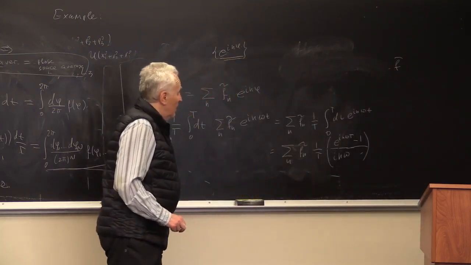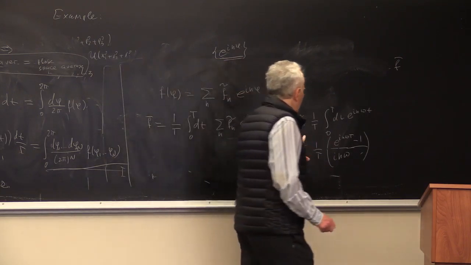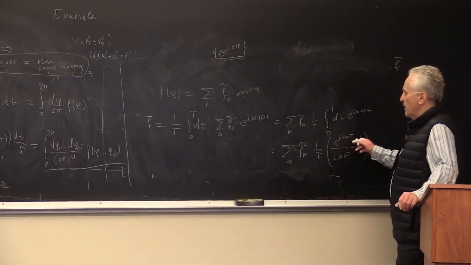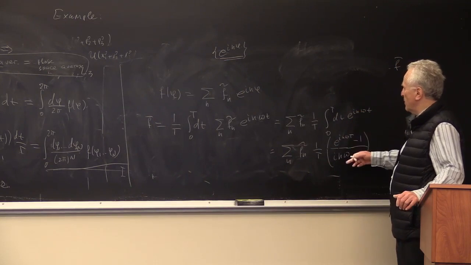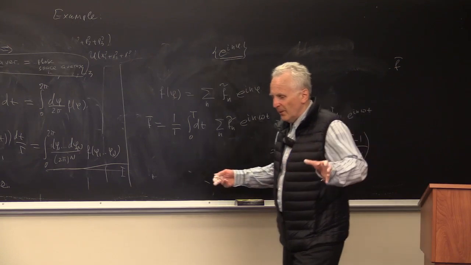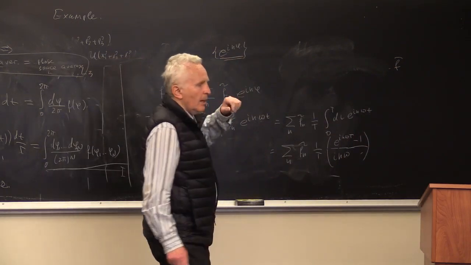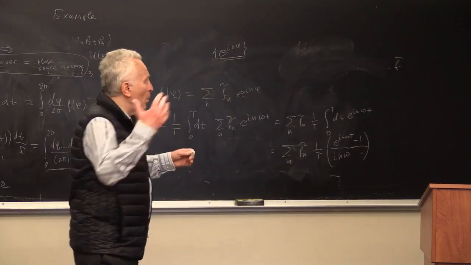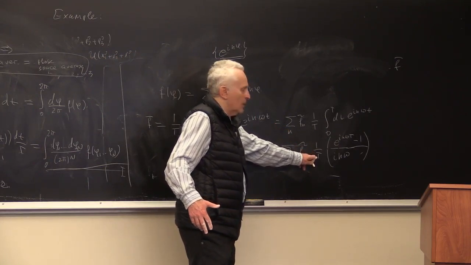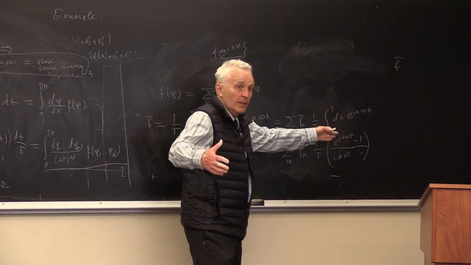Now if T goes to infinity, it seems that the whole thing goes to 0 because this exponential is bounded, 1 is bounded, but T goes to infinity. But this is almost right, but not quite. There is one term in this sum which survives the limit. Most of the terms will go away because of this 1 over T factor, and because this is a bounded function.